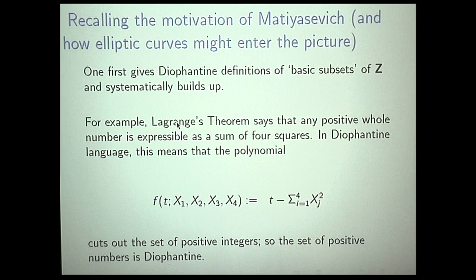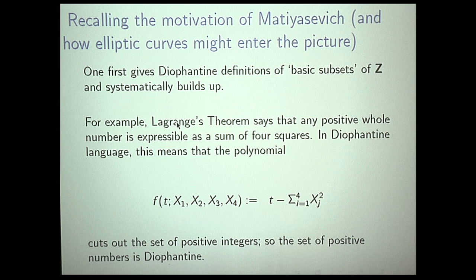I'll begin from the beginning again. Recall the motivation of Matiyasevich and how elliptic curves might enter the picture. As from last lecture, Matiyasevich was the person who showed that Hilbert's 10th problem, exactly as it was stated by Hilbert, has a negative solution.